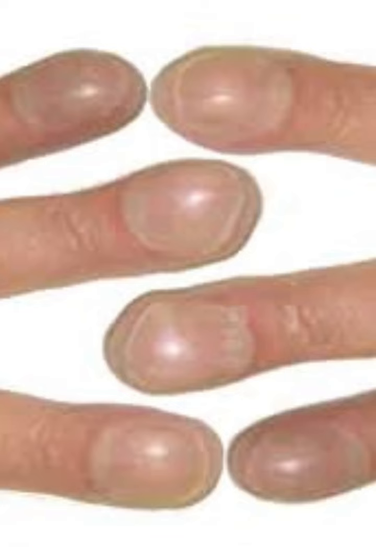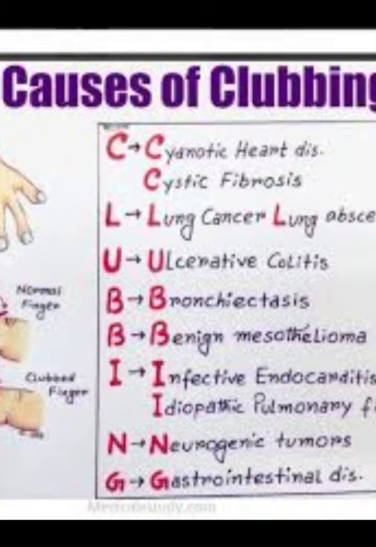Now, how can we remember the causes of clubbing? We have made a mnemonic for that. However, I think that three or more causes will be sufficient for you if you remember cyanotic heart diseases and malignancy, which can include lung cancer, mesothelioma, or it can be lung abscess and bronchiectasis.